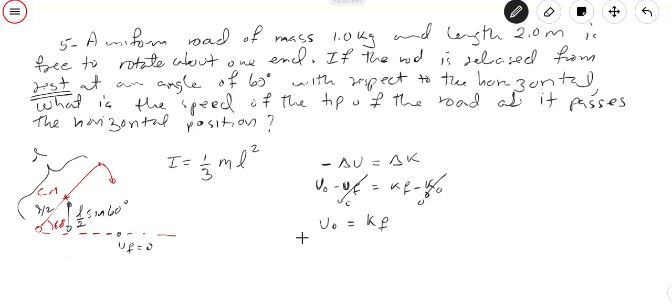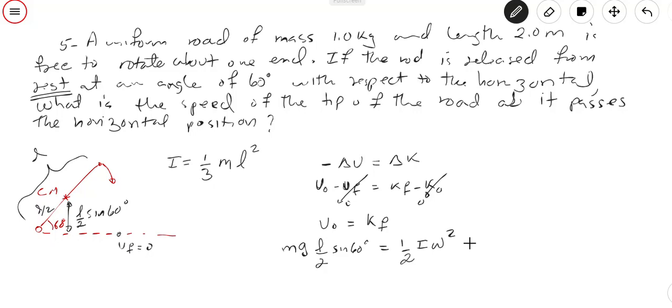So now I know that the potential energy will be the product of the mass of the rod times gravity times L over 2 sine of 60 degrees. And then we have the kinetic energy, but it's going to be the kinetic energy of rotation. So it would be 1 over 2 the moment of inertia times the square of the angular velocity.